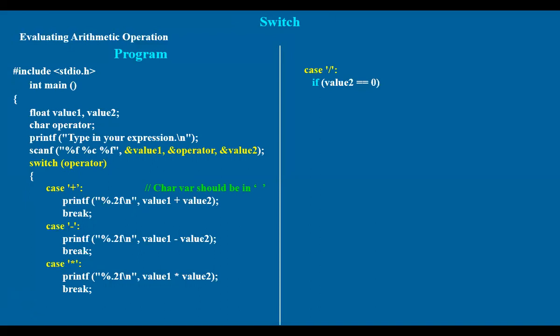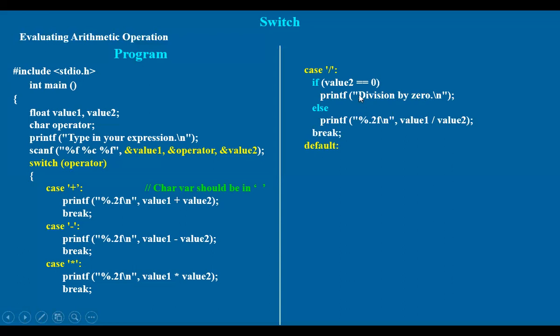So we have to check whether the denominator value is 0; if it is 0, it says division by 0. Otherwise, it performs the division, value 1 by value 2, and it breaks. So that sort of care should also be taken while doing this division operation. Default: unknown operator, the operator is not known.